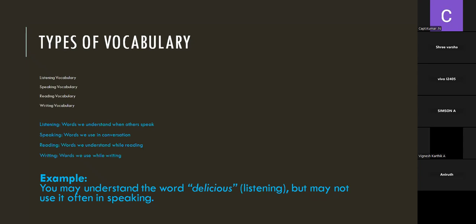Writing vocabulary is used when we write sentences or essays. Example, you may understand the word fantastic while listening, but you may not use it while speaking. So we need to practice all four types of vocabulary regularly.